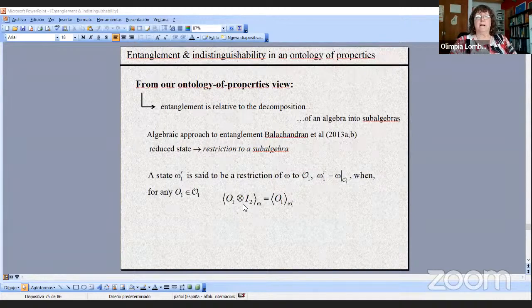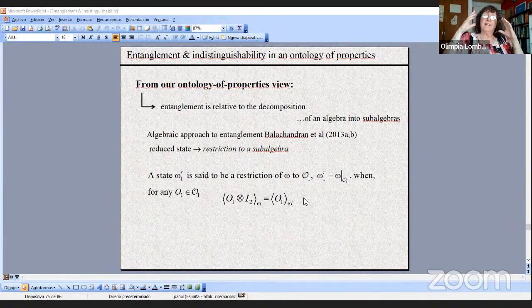A state is a restriction to a subalgebra when the expectation value in the original state is the same as in the restricted algebra in the restricted state. The idea is to use, in a certain sense, the main idea of the reduced state, but not with the definition of the reduced states in terms of operations on the Hilbert space, on states of the Hilbert space.